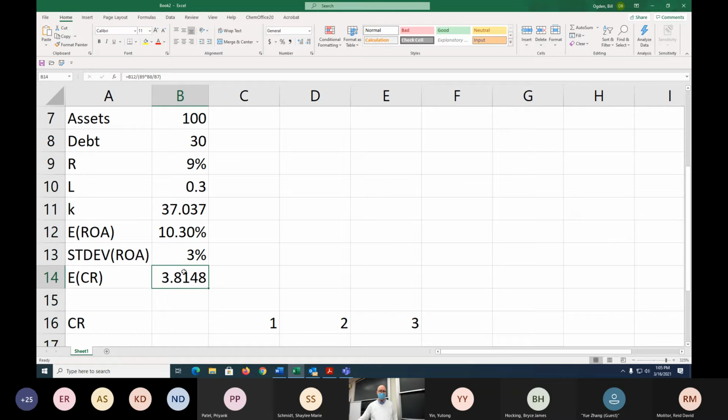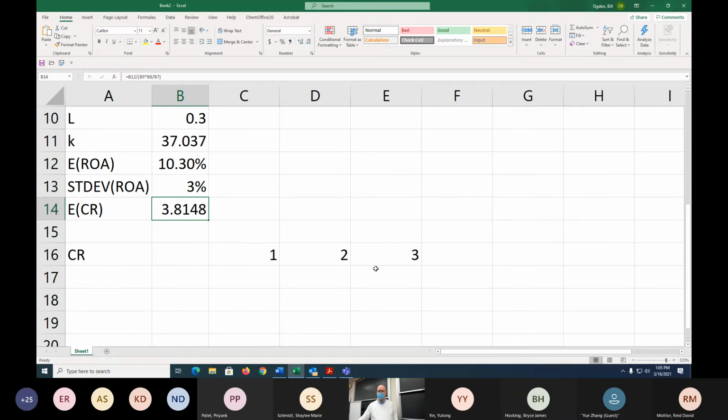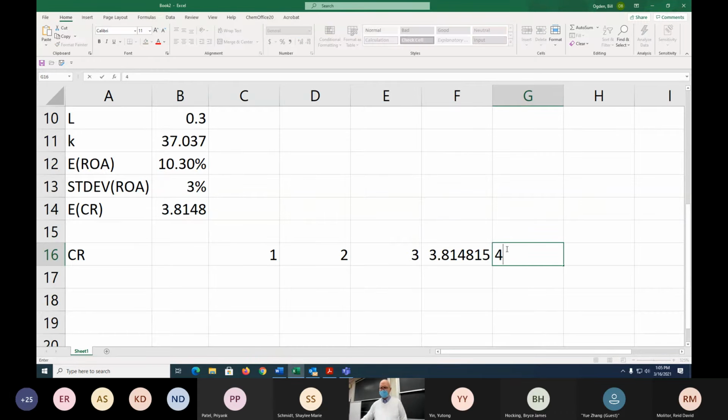Okay. All right, so let's do this. Instead of going to 4, let's do our next coverage ratio of 3.8148. Then we'll go to 4. And then we'll go to 5. I don't know, how long do you want to go? Let's go to 6.